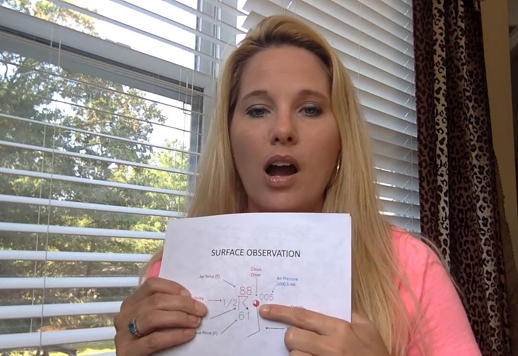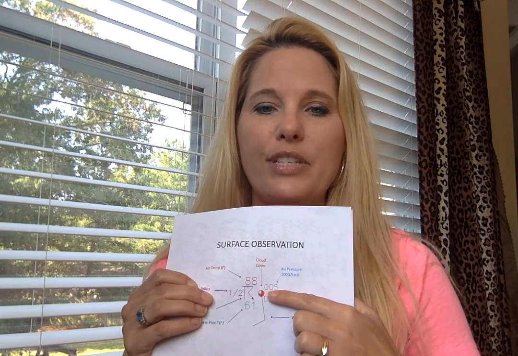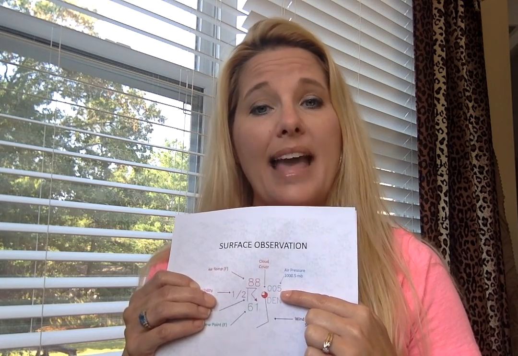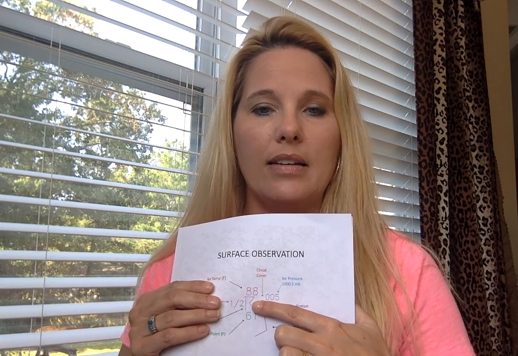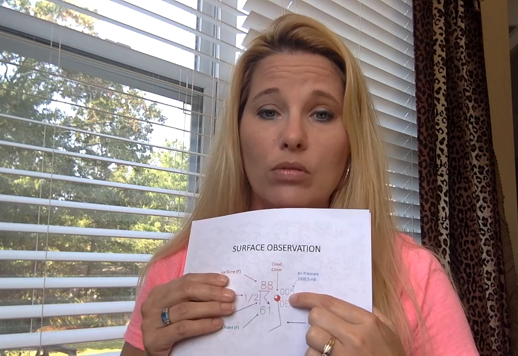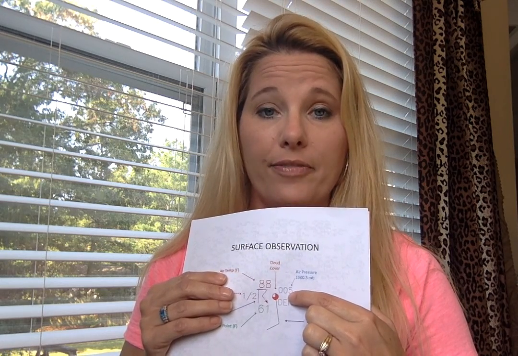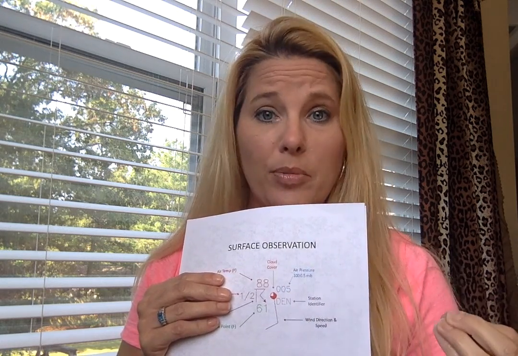All right, now let's look at this 005. That is the atmospheric pressure. And that one takes a little more getting used to. Now, in front of this number, we have to fill in either a 10 or a 9. And imagine a decimal in between this 0 and 5. So there's a decimal missing and either a 9 or a 10 in front of it. You want to add either a 9 or 10, whichever makes this number closer to 1,000.